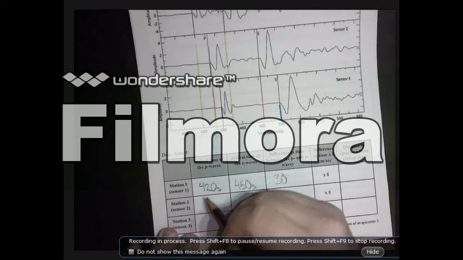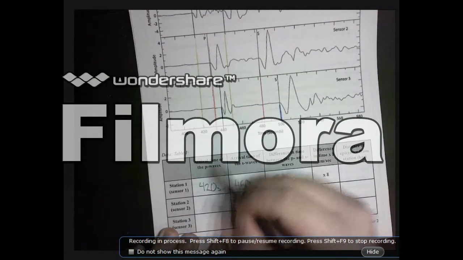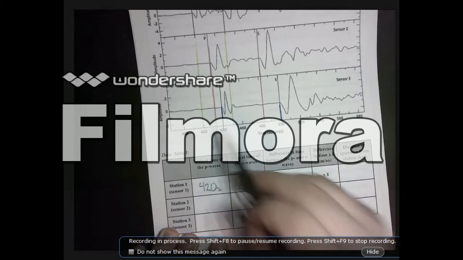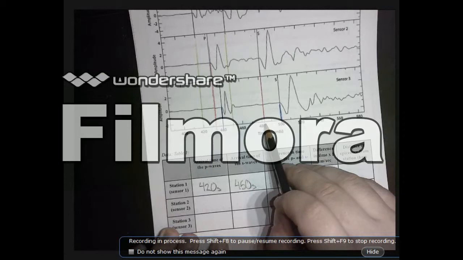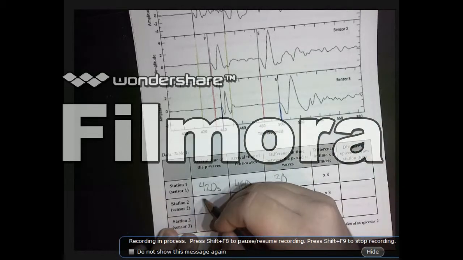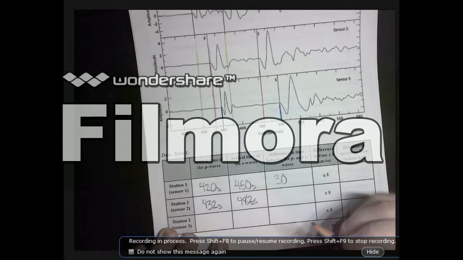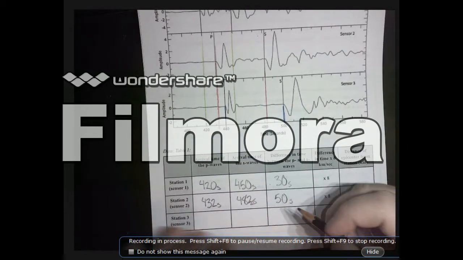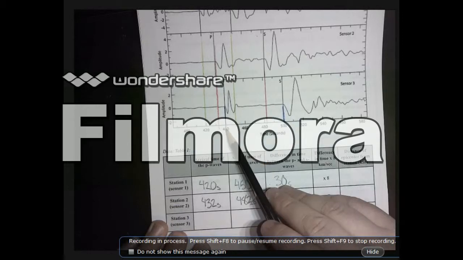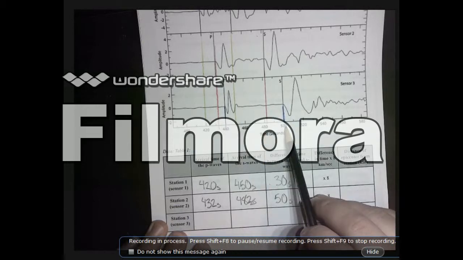For station 2, it goes from about 432 seconds to about 482 seconds, which is a 50-second interval. And station 3 goes from about 440 seconds to 500 seconds, which makes it a 60-second interval.